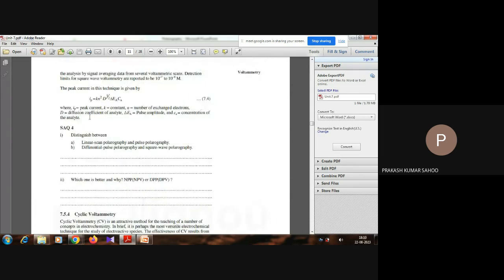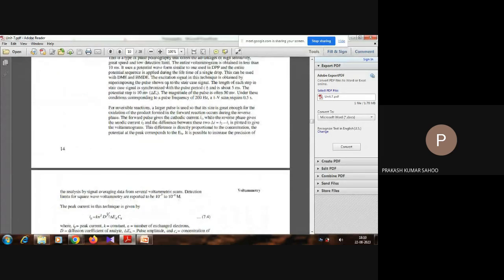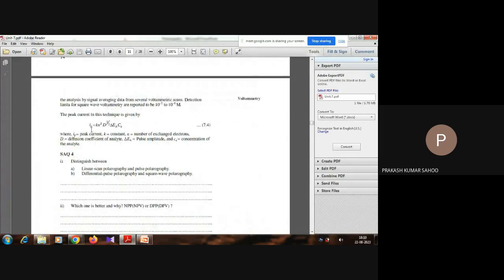Then we have the equation, that is IP, for your square wave. So for square wave, IP is equal to K n squared D to the power half delta EA into CA. Here IP is the peak current, K is a constant, n is the number of electrons exchanged, D is the diffusion coefficient, delta EA is the pulse amplitude, and CA is the concentration of the analyte.